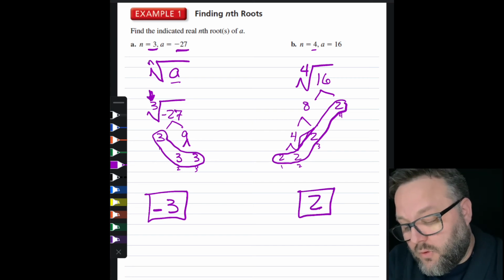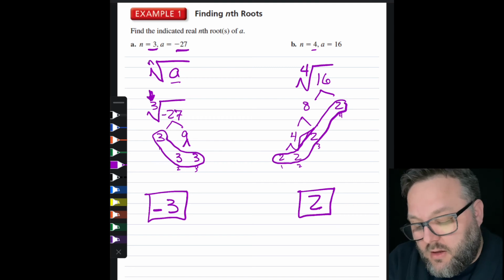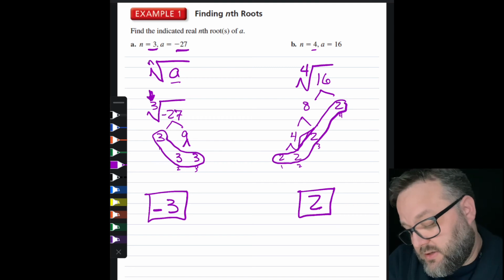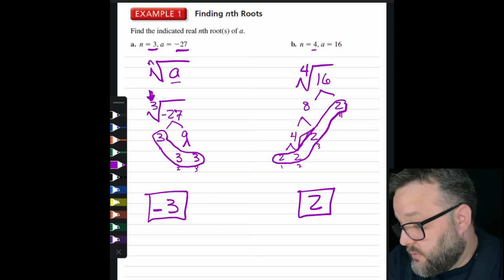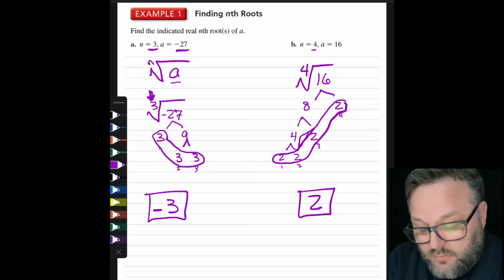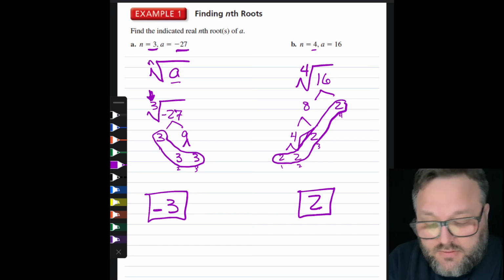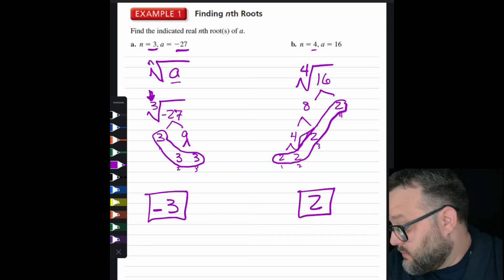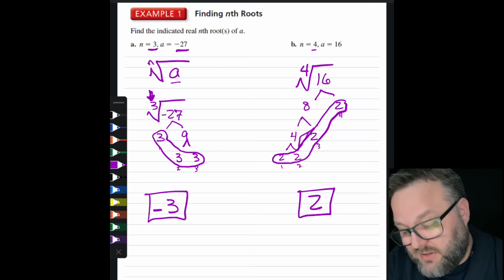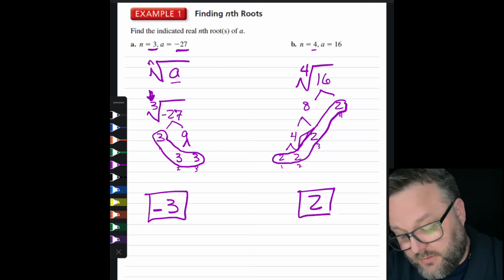Now, because 4 was even, technically these could be negatives, technically they could be positives, so we're going to assume that it's just the positives at this point. Well, no, we don't want to assume. I see what they're doing.